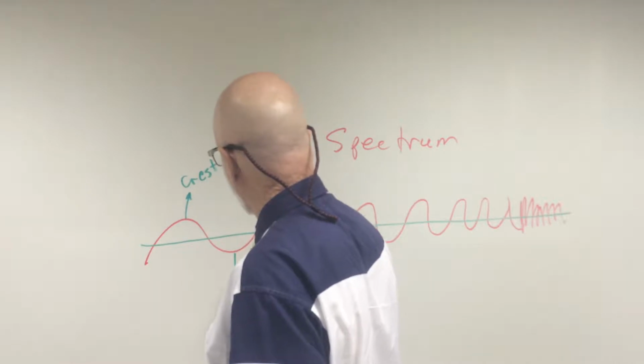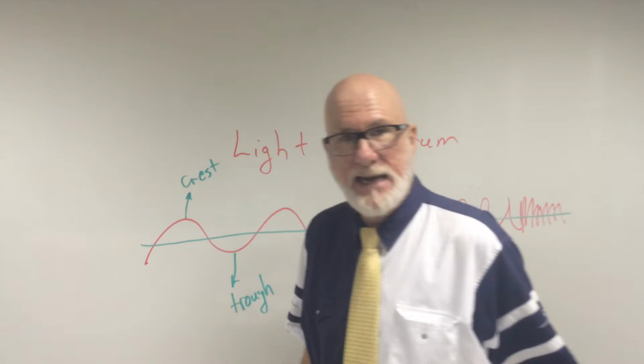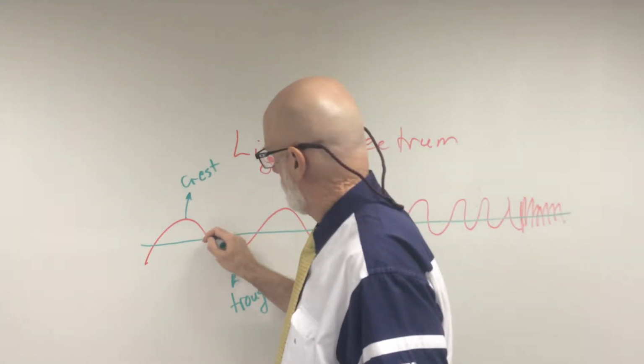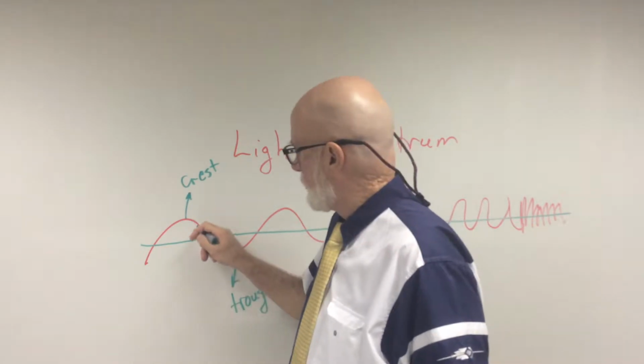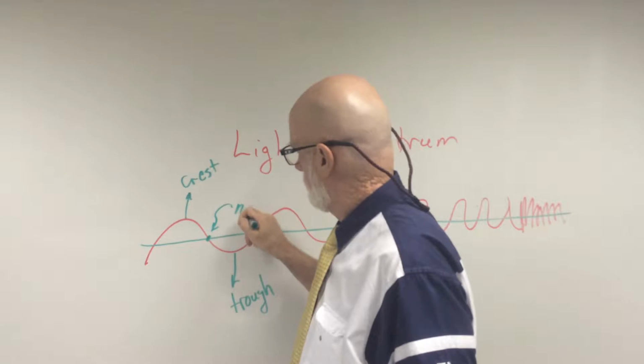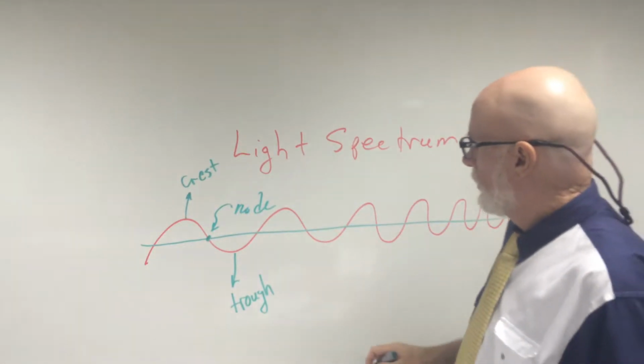This is a trough, unless you're upside down, then that's the crest. And then what is this, where it changes direction? That's the node.